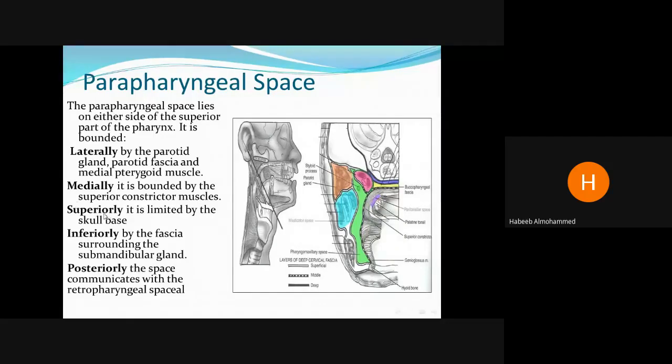Superiorly, it extends to the skull base, and inferiorly it is limited by the fascia surrounding the submandibular gland. So it is an inverted cone shape with a wider base and narrow apex. Very important anatomical fact: the space communicates with the retropharyngeal space.